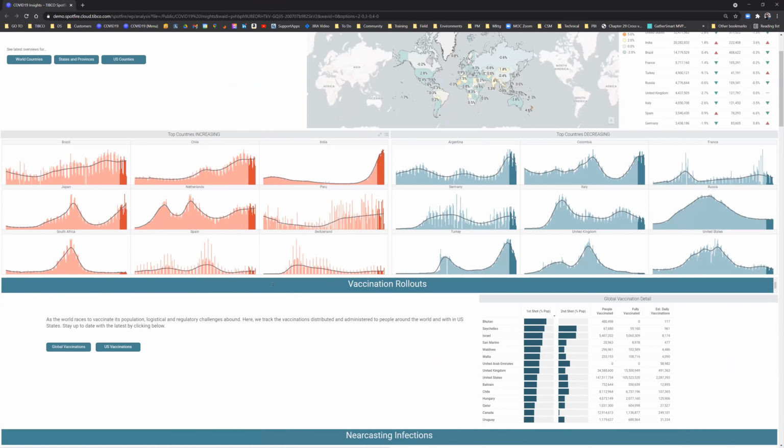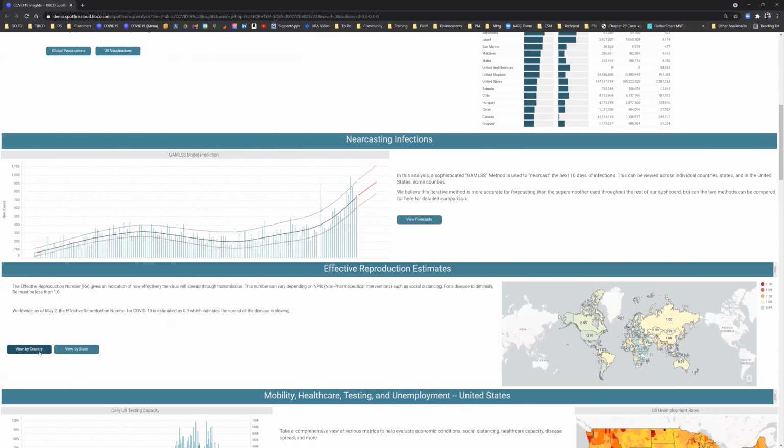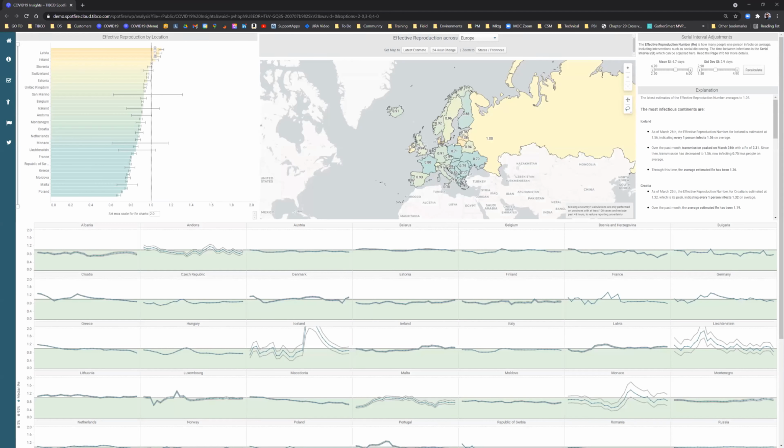We will talk about different color themes, but let me go here, overview by country. I can see where the reproduction number is increasing or decreasing, but I added a button here to show the 24-hour change. So you can see what countries are getting worse, what countries are getting better.